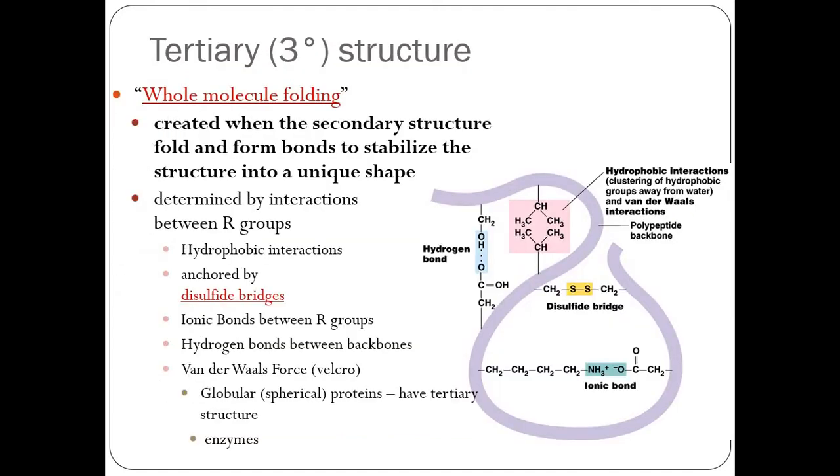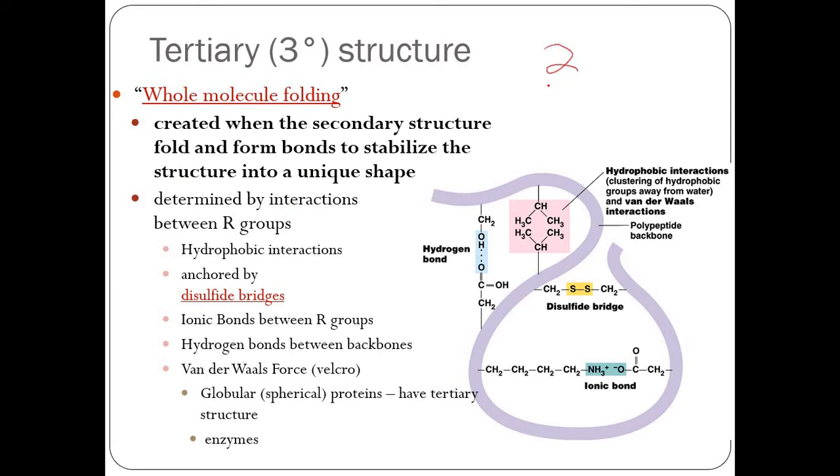So next we have the tertiary structure. So this is the whole molecule folding. Okay? So meaning all the attractions are included here. It is created when the secondary structure folds and forms bonds to stabilize the structure into a unique shape.